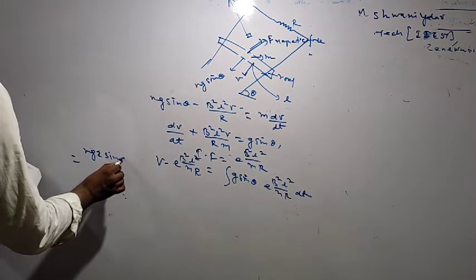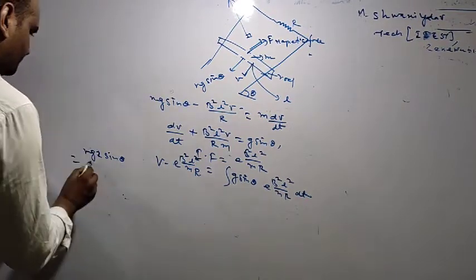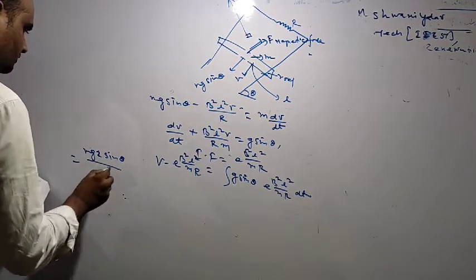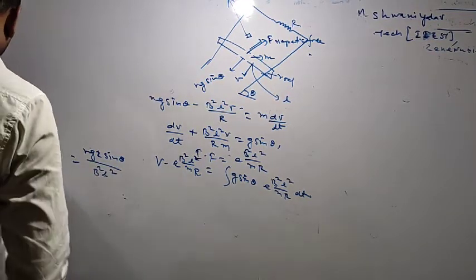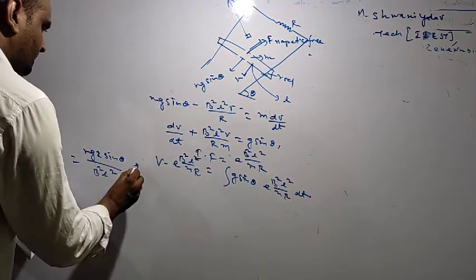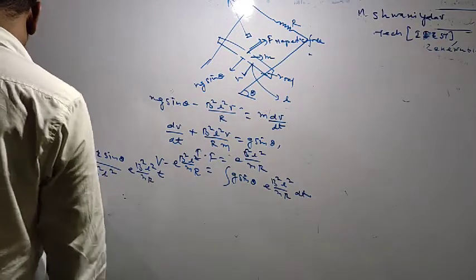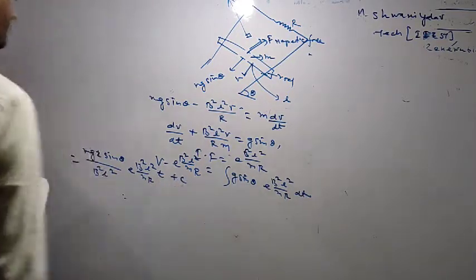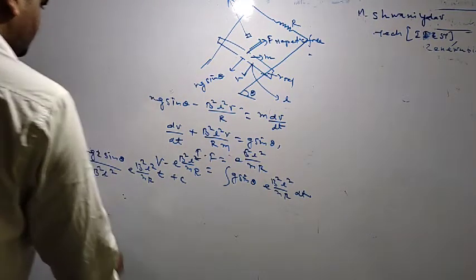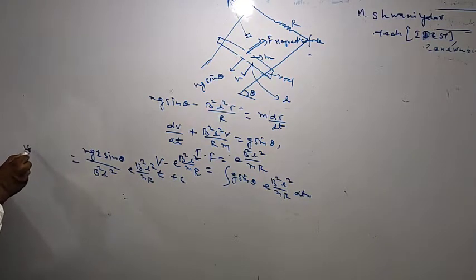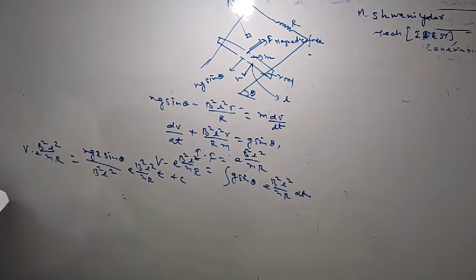We get v times e to the power B square L square t by mR equal to mgR sin theta divided by B square L square, times e to the power B square L square t by mR, plus c.